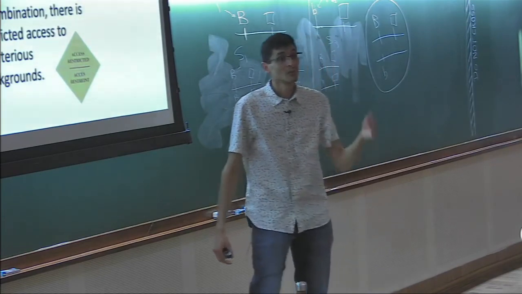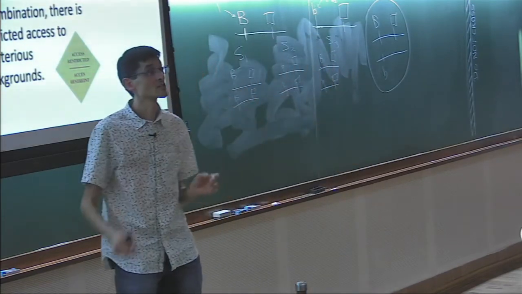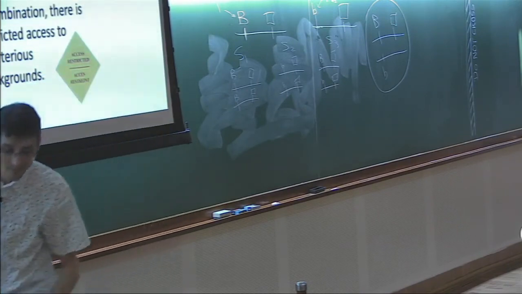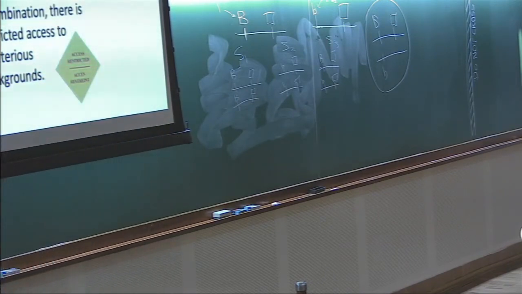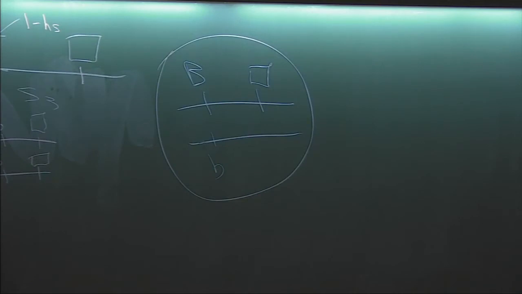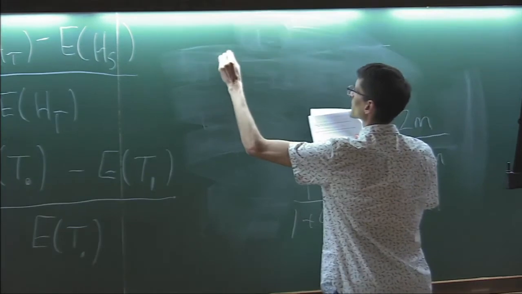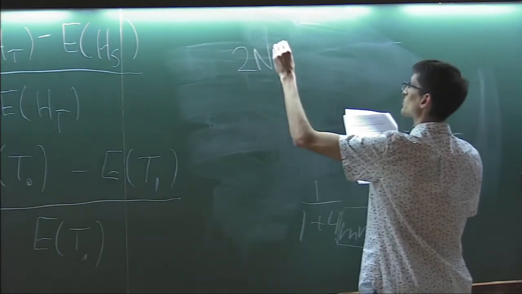But you can go through and work out these transition probabilities. If you do all this, which is given in the notes, you can work out what the average time to coalescence is. And you get this result.